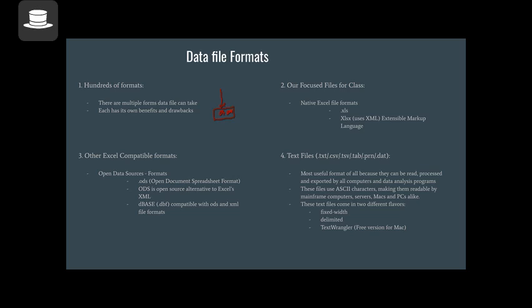Now, let's look at this idea that although there are different types of file formats, for this class we will primarily focus on Excel file formats. We call them native Excel file formats, often called Excel workbooks.